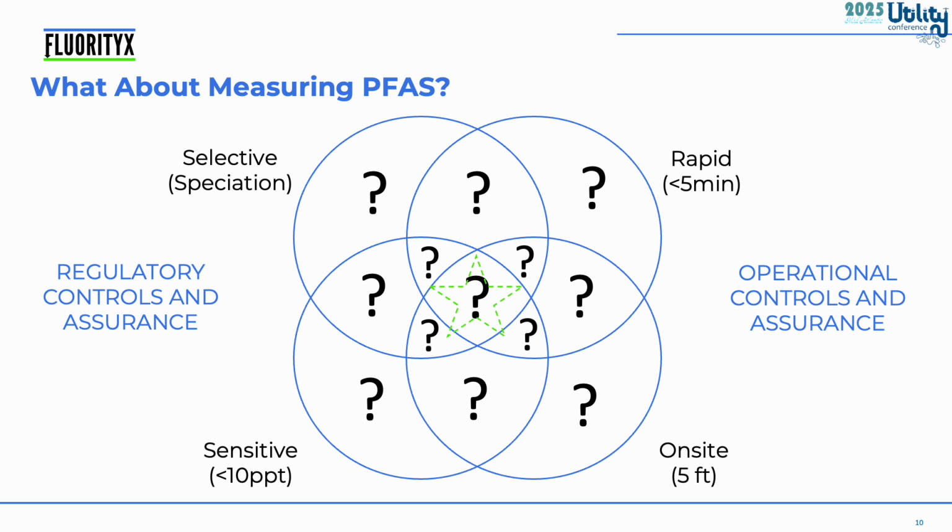If we are waiting too long for PFAS to be measured, water is flowing at millions of gallons per day. You could take a very long time and a lot of water going through your system before you even know what it was, and by then it's too late.